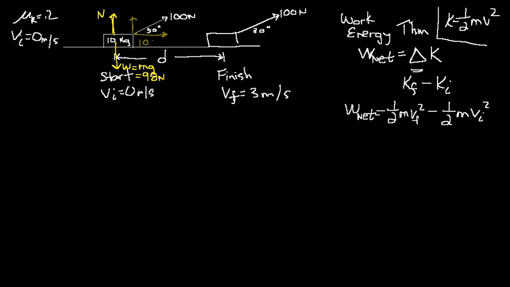Well, it's going to be 100 cosine 30 degrees. This component is going to be 100 sine 30 degrees. So this one here is equal to 86.6 newtons, and this one here is equal to 50.